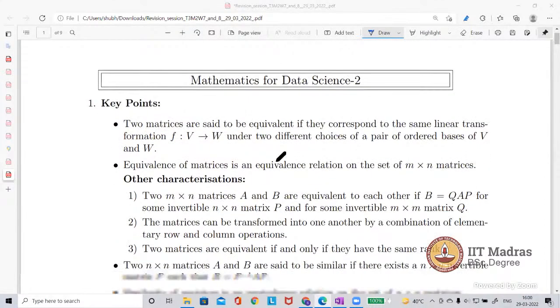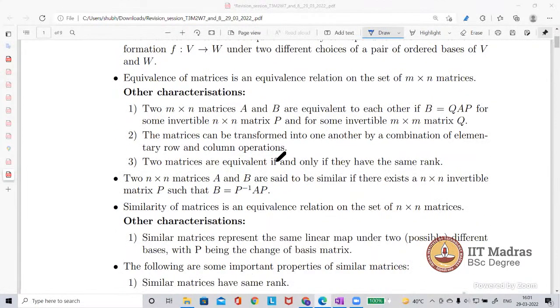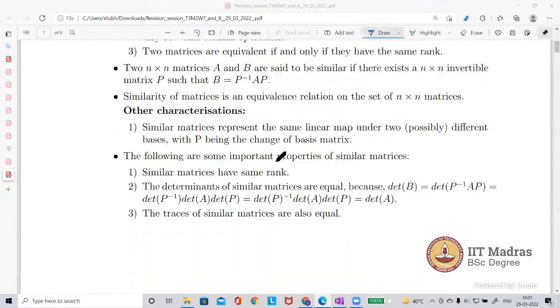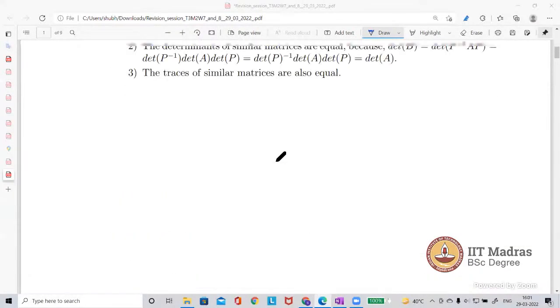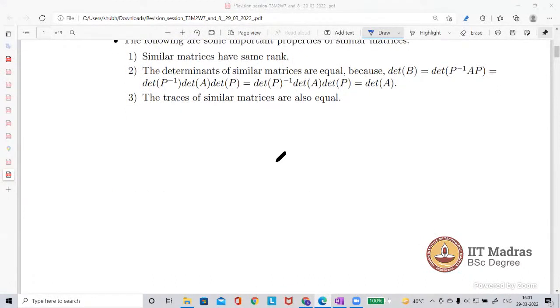I have created some slides in which I have taken some topics only on equivalence and similarity, and for the rest I have taken some questions which we will discuss, along with concepts in which you have doubts. You can ask regarding a concept or any particular question on week 7 and 8, anything. Am I audible, right?